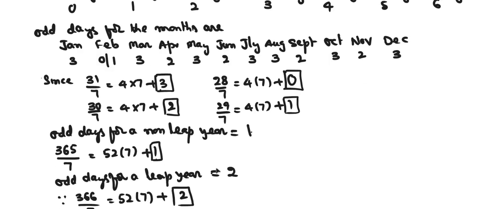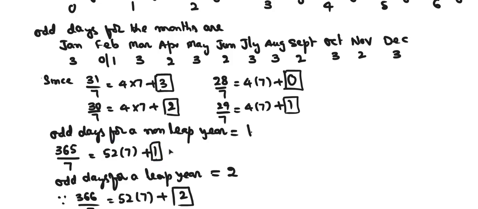Now we are going to find the odd number of days for a non-leap year. So there are 365 days in a non-leap year. Divided by 7 we'll get 52 into 7 plus 1. So there are 52 complete weeks and 1 extra day in a non-leap year.